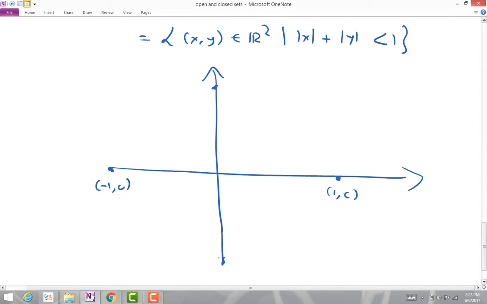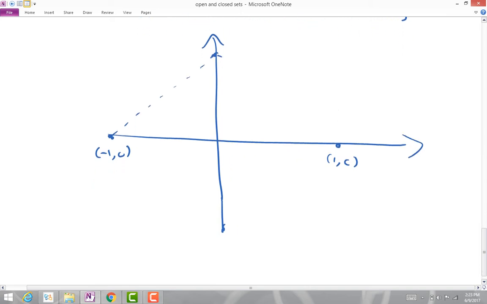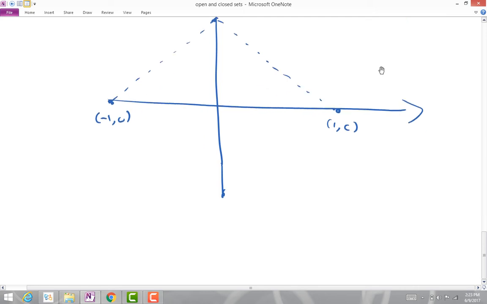And similarly, it's going to be a diamond shape, is it a rhombus, I think is the word. So this is the open sphere centered at 0 with the radius 1. So it's not a ball.